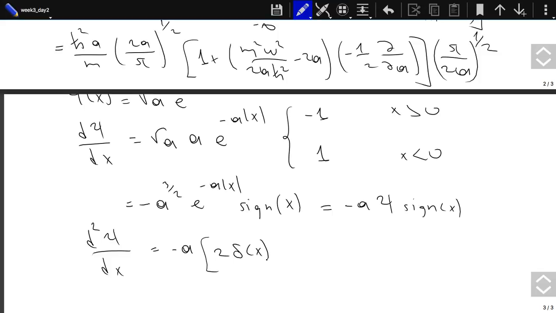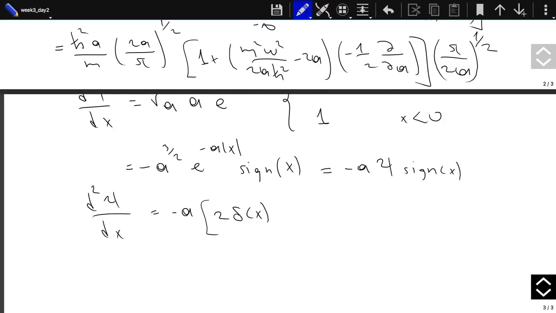It changes by 2 as you go from the left of 0 to the right of 0. Do you agree that the derivative is the Dirac function? Good. Well, let's see. I want to find d by dx of sign of x. One thing is that this is equal to 0 if x is not equal to 0.